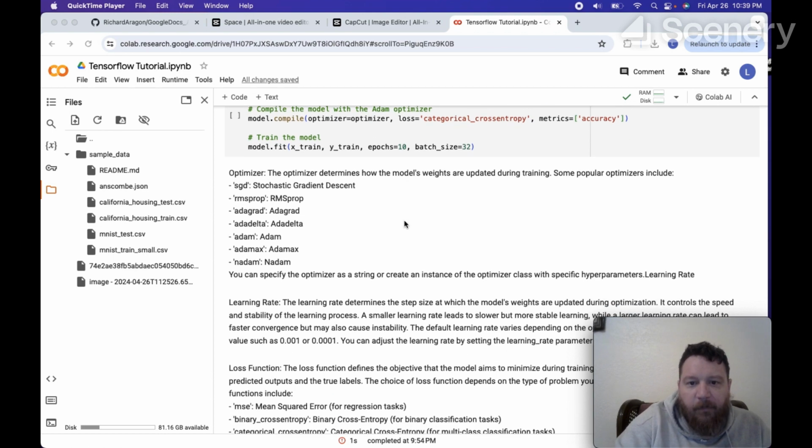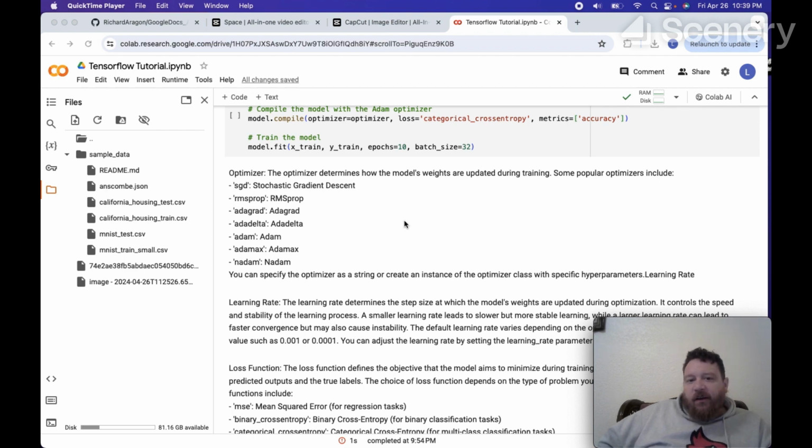So first of all would be this optimizer. The optimizer determines how the model's weights are updated during training. Some popular optimizers include the SGD optimizer, which is stochastic gradient descent. Saving you a lot of time up front, for 90% of what you're doing, you're going to hear one of 2 optimizers: the SGD optimizer, or the Adam optimizer.